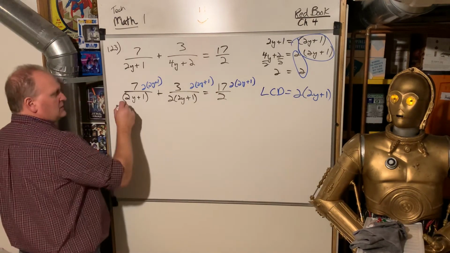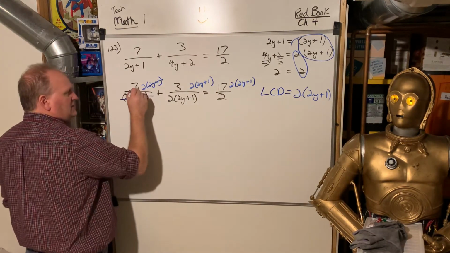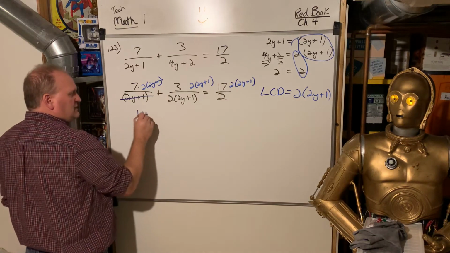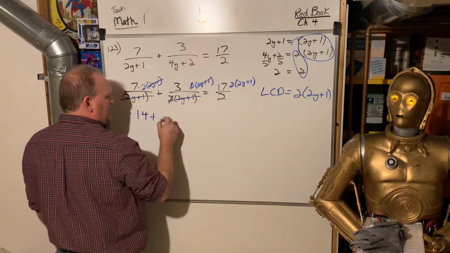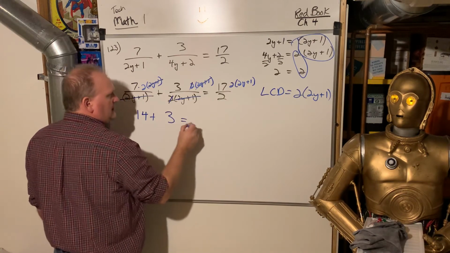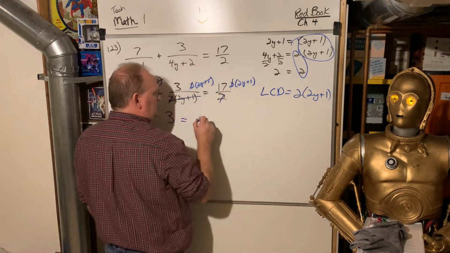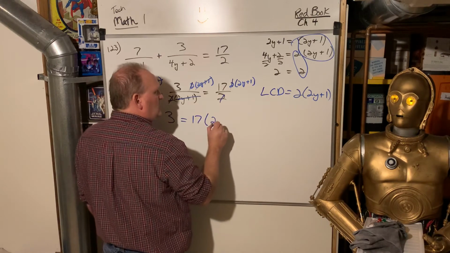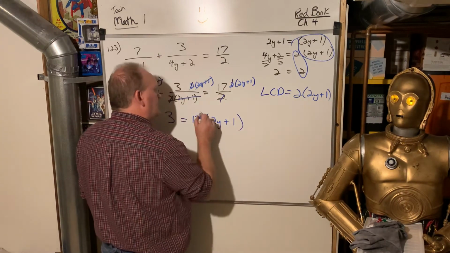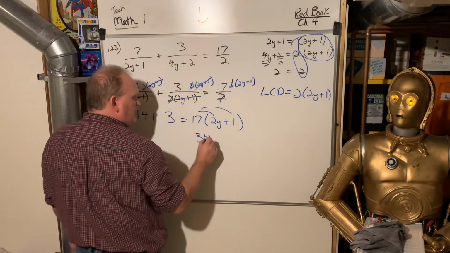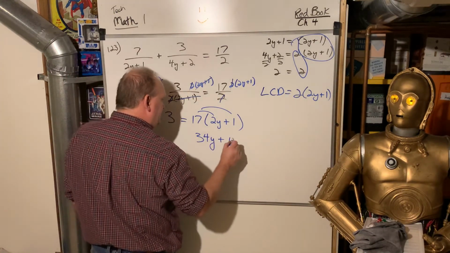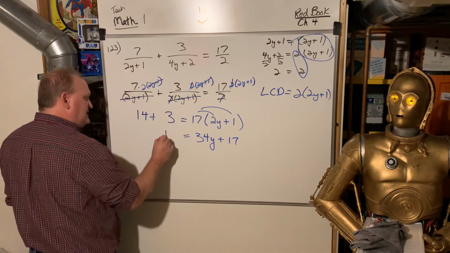So now look, 2y plus 1s cancel. That's just 7 times 2, which is 14. 2 cancels, 2y plus 1 cancels. That's just 3. 2 cancels, and now you got 17 times quantity 2y plus 1. Got to do the distributive property. Don't forget about that 1. 34y plus 17 equals 17.